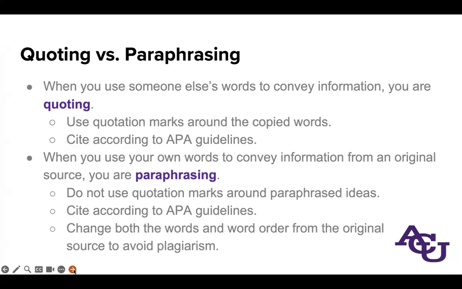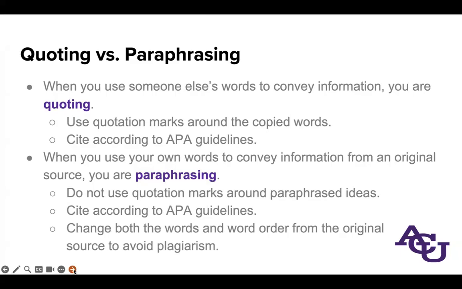So we're going to talk about some choices you have to make when you're integrating information from sources. And namely, that is, when are you going to quote versus when are you going to paraphrase? So if you decide that someone has said something in such a unique and marvelous way that you want to use their words, you can directly quote them.